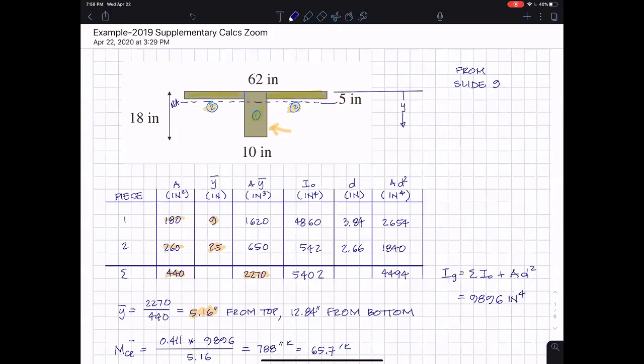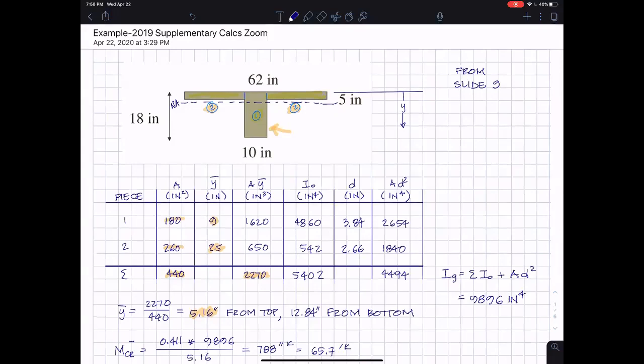And the moment of inertia of a rectangle about its own centroid is 1/12 base times height cubed. That's right here. And then A D squared, so A times D squared is right here, the parallel axis theorem, and the total moment of inertia of this is 98.96 inches to the 4th.